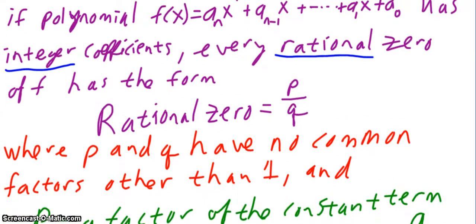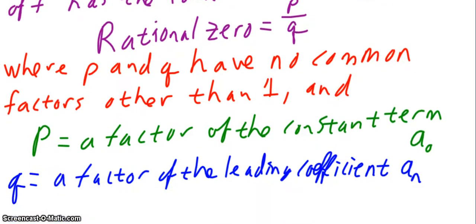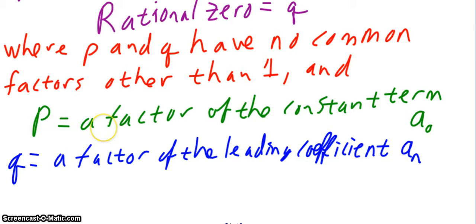where, so hold on, I know you're like, well, what the heck is p and what is q? So where p and q have no common factors other than 1, and p is a factor of the constant term a sub 0, and q is a factor of the leading coefficient a sub n.